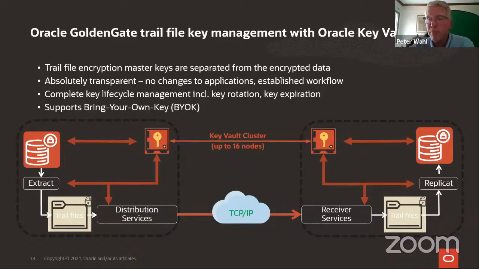So you have to copy that wallet over to the replication side and restart the replication process. If this is again put into a multi-node OKV cluster, the key would be available on your receiving side before it even knows it needs one. Right? It's again completely transparent and no changes.